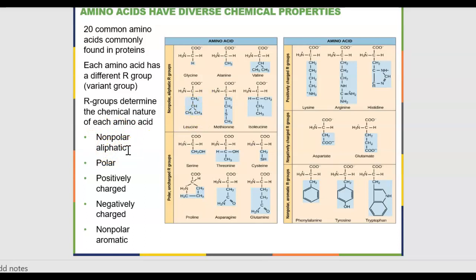Something that's non-polar and aliphatic, you can see as you look at these R groups that many of them, because they're non-polar, have a lot of hydrocarbons in them. So you can see the CH2, CH3, CH3, etc. That's a tip-off: if it has a lot of hydrocarbons and doesn't really have other functional groups on it that might interact with water, then it's going to be nonpolar. And knowing those definitions for what's aliphatic and aromatic is really helpful here.